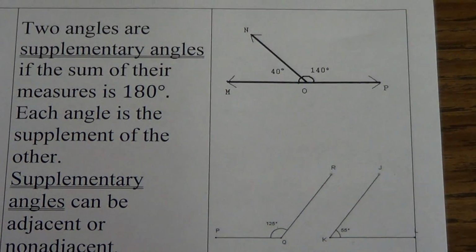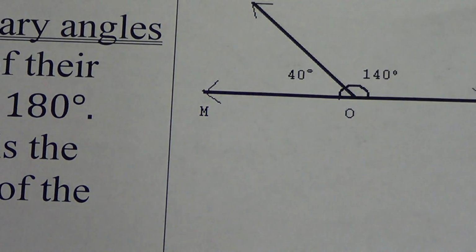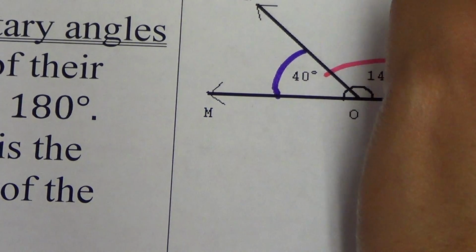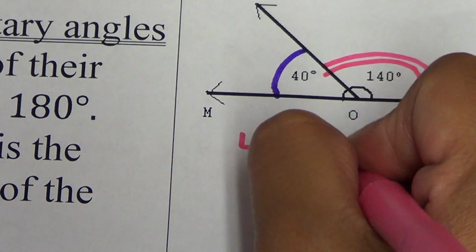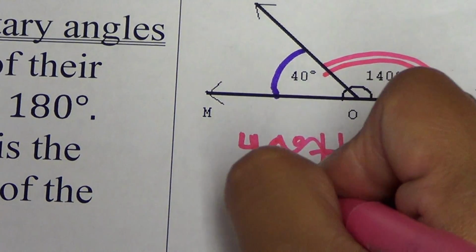So all it's saying is that if you take the two angles and you add them together, so for instance, I have this angle and I have this angle. If I add them together, sorry, made a boo-boo there.